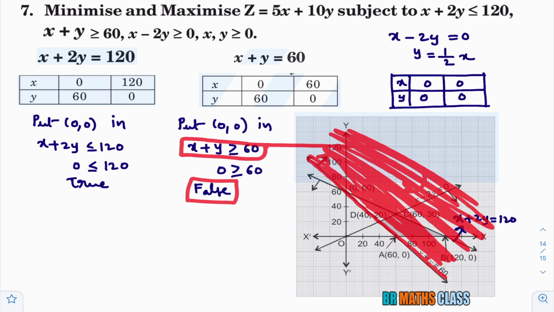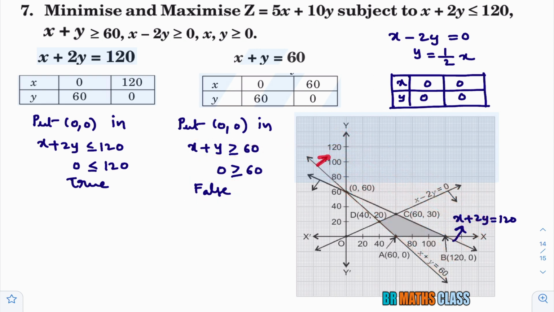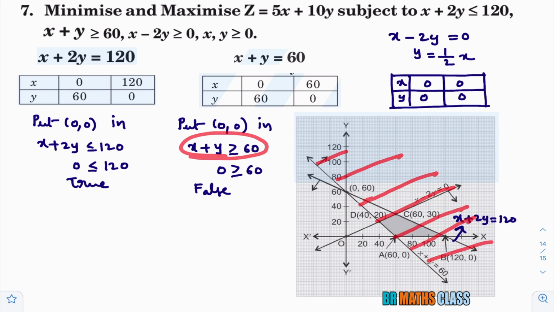So you need to shade the non-origin side of this line. That is the solution of this inequality. You see here, we just kept an arrow mark to identify it easily. This is the line x plus y equal to 60. For this inequality, the solution is this side, correct? I hope you are understanding, right?